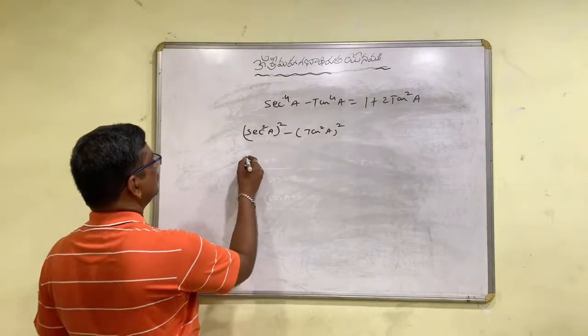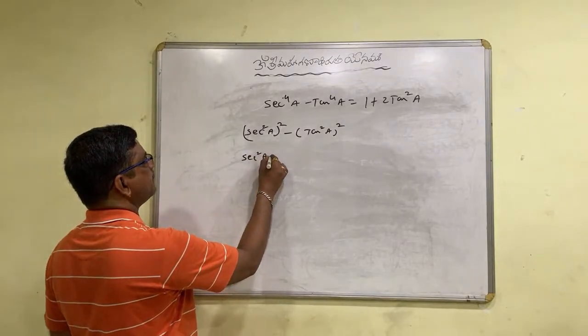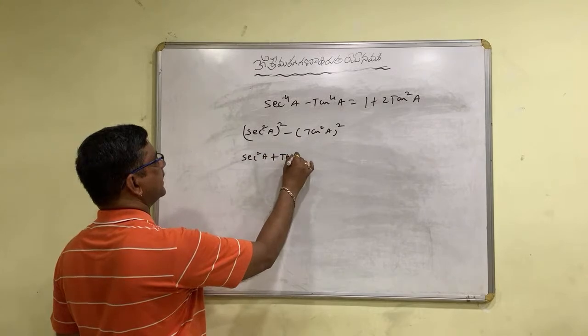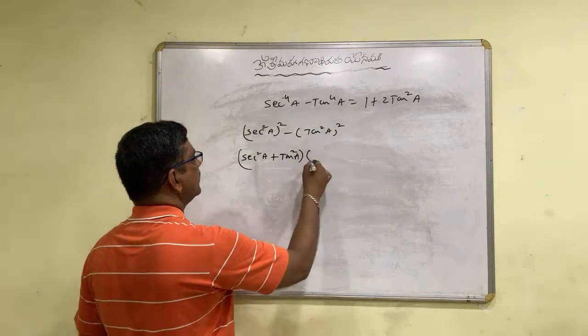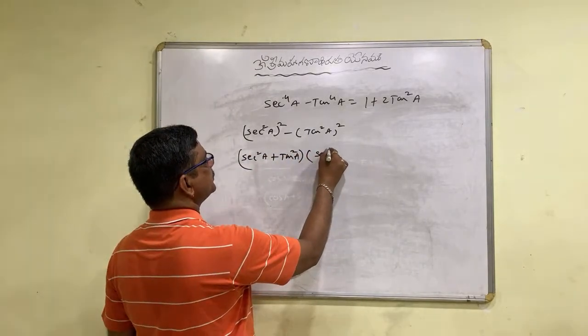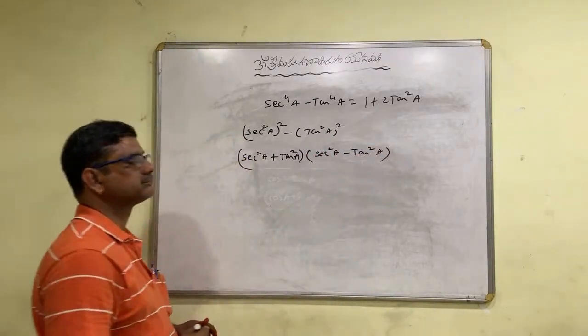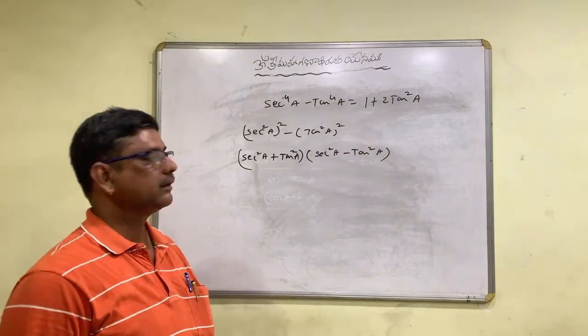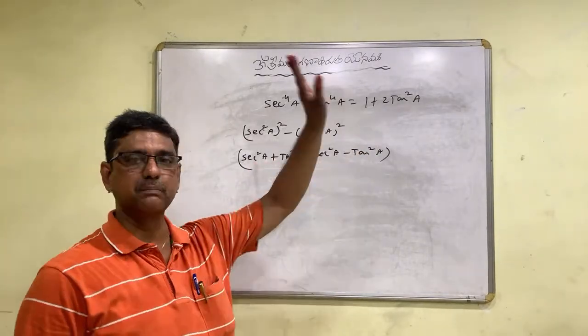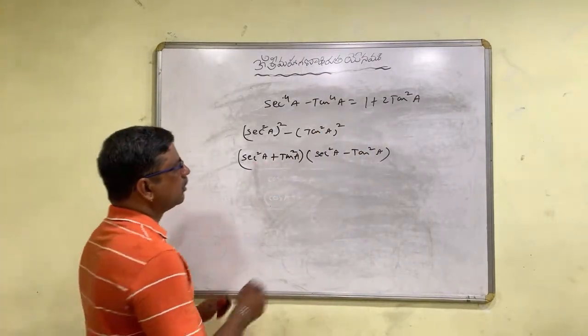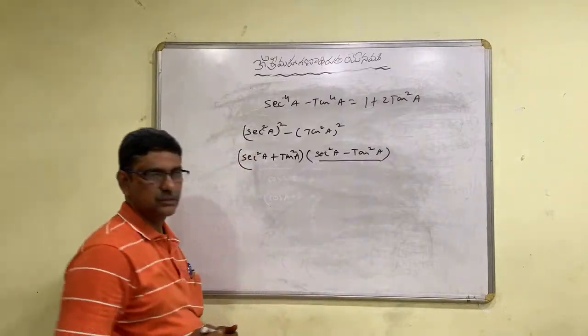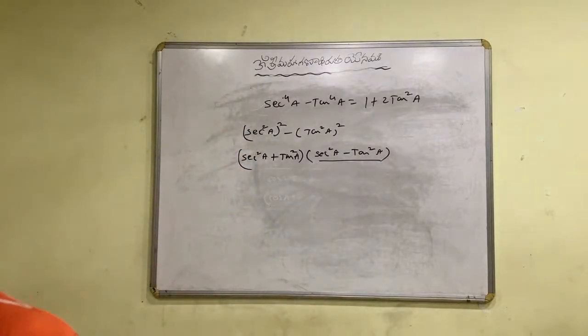So secant square a plus tan square a, that is a plus b, and a minus b, secant square a minus tan square a. Okay? A plus b, a minus b. And we know the result for that one.